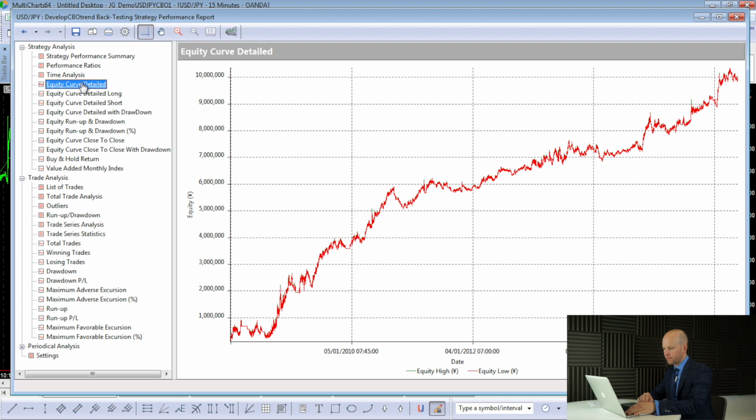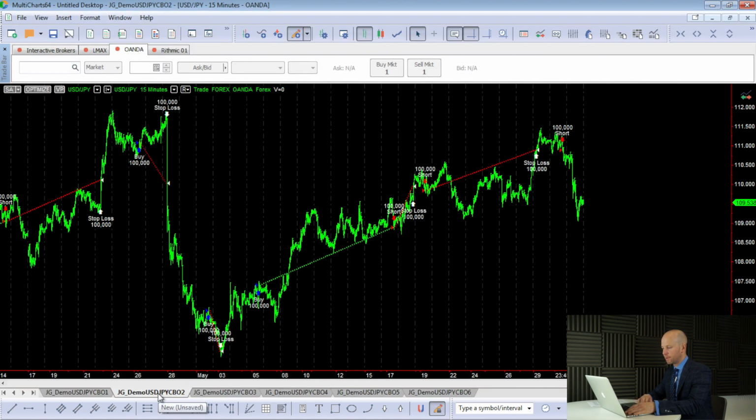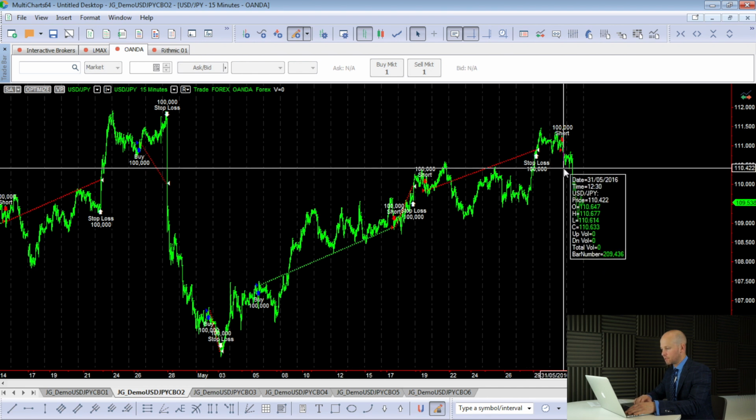Now, what I don't have in this report is any trading costs. Now, we all have to pay trading costs. So in the next workspace, we're going to look at exactly the same strategy, same time period. I've just added 3,000 yen per trade in trading costs.